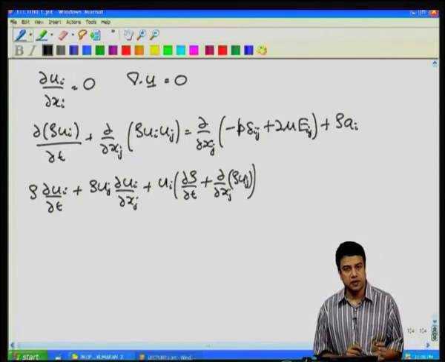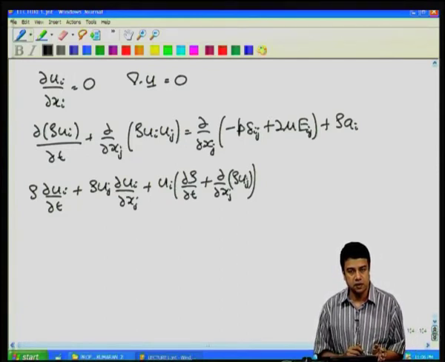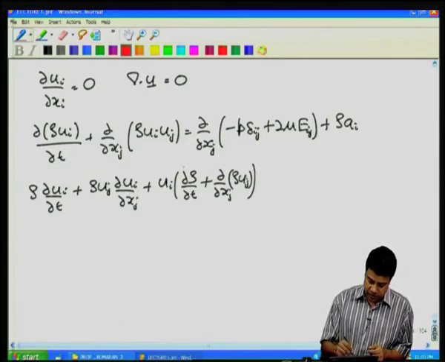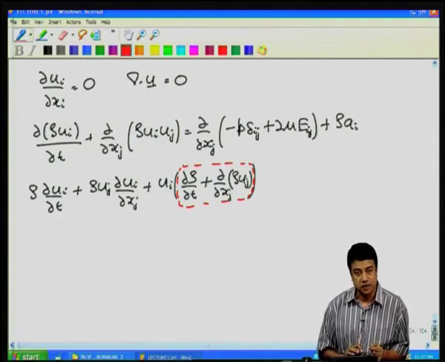I just use the chain rule for differentiation for the left hand side. This entire term is identically equal to 0 because that is the mass conservation equation.